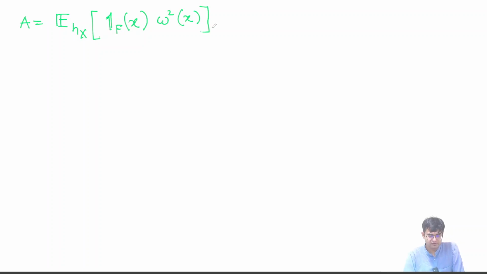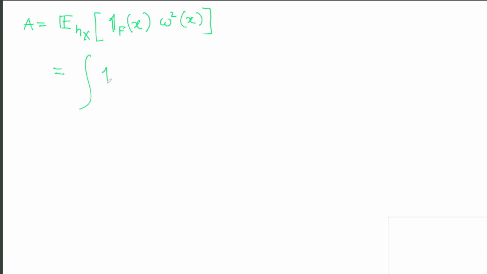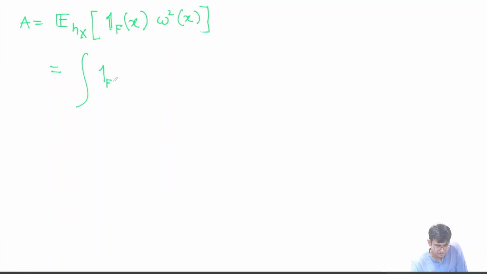This is what I want to minimize now. This is equal to the integration of the indicator function of x multiplied by w square x.